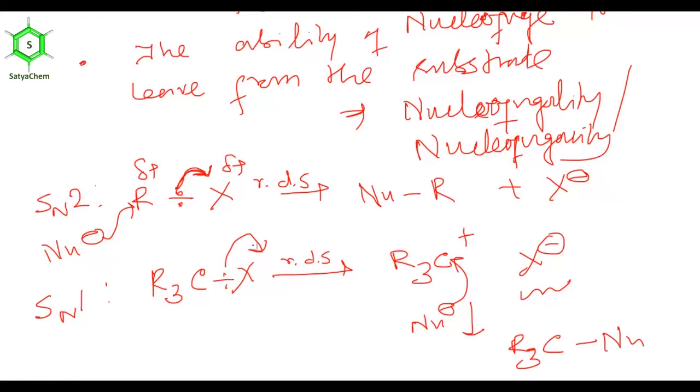Obviously, a better leaving group is the one which is stable or a poor base. Why am I saying it should be a poor base? That is very important.